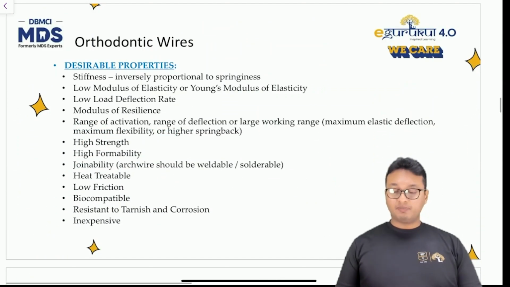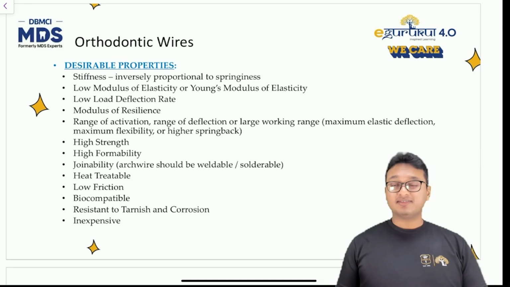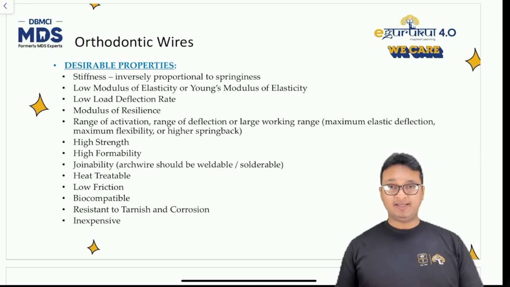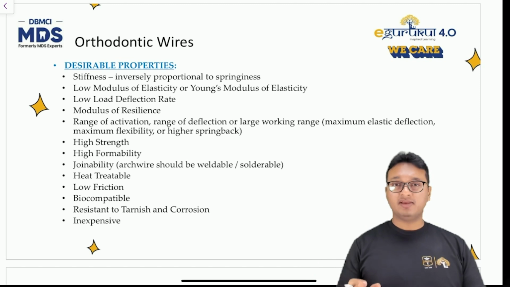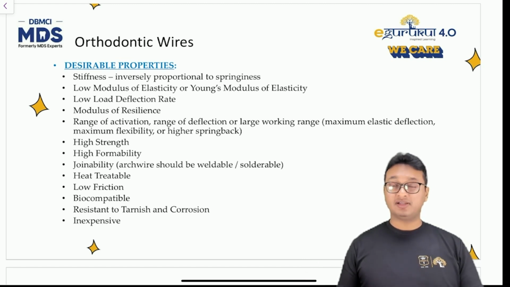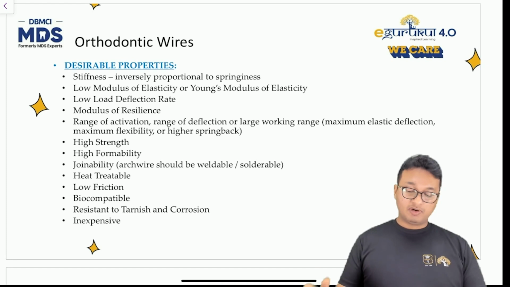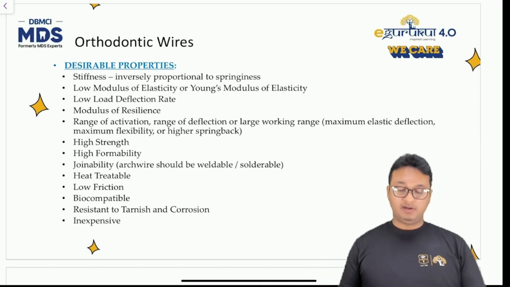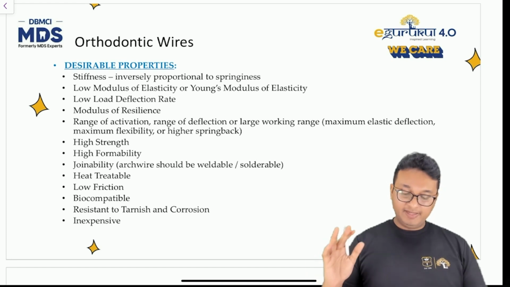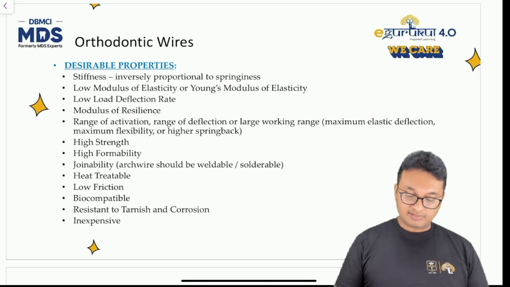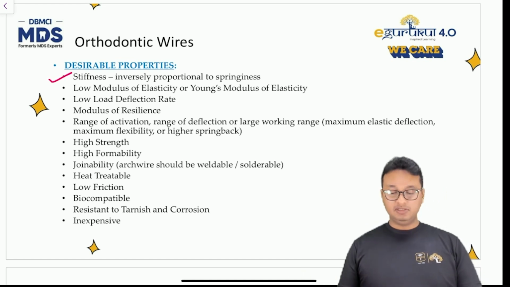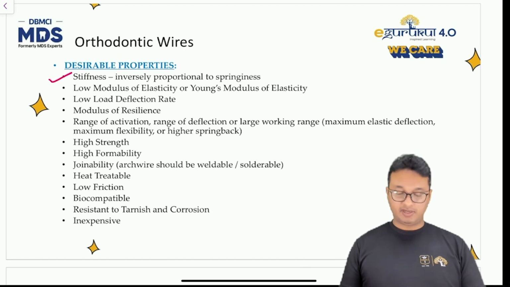Now coming to an important part, that is orthodontic wires. Orthodontic wires are an integral part of the orthodontic armamentarium, because without them you cannot function in an orthodontic laboratory or operatory. What are the desirable properties of any orthodontic arch wire? It should be stiff enough, and stiffness is inversely proportional to the springiness of the wire.